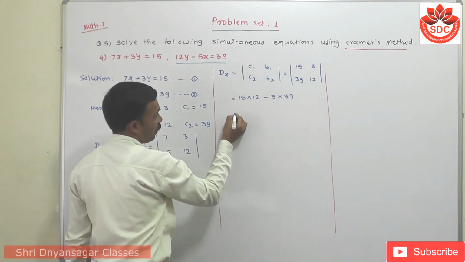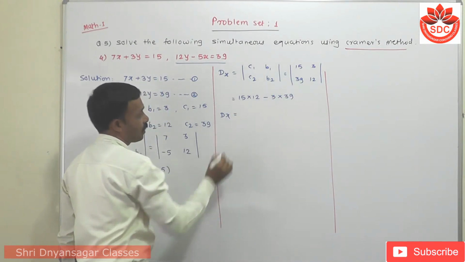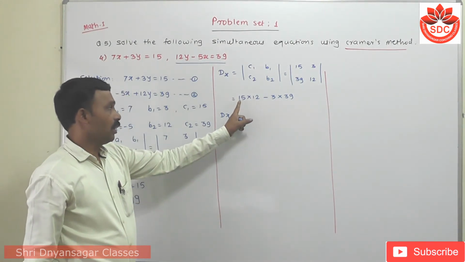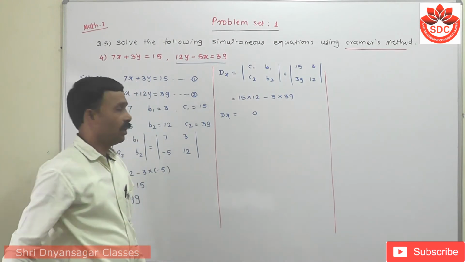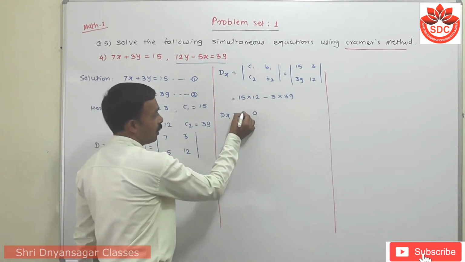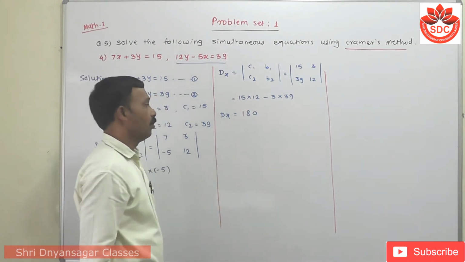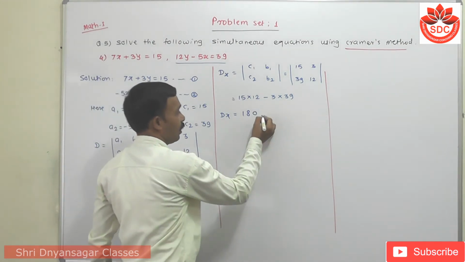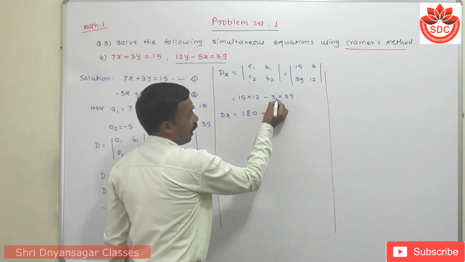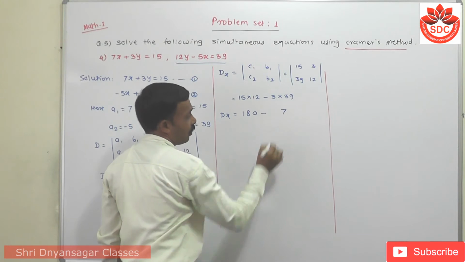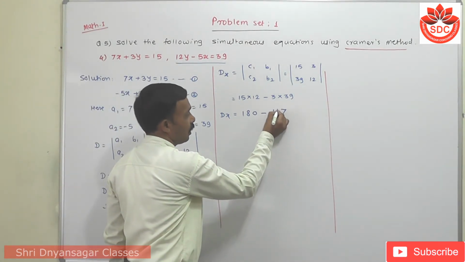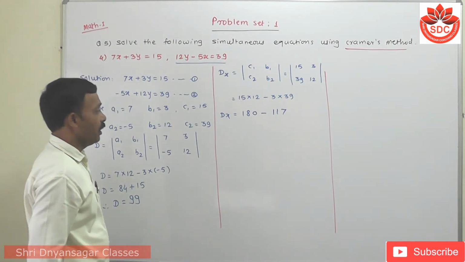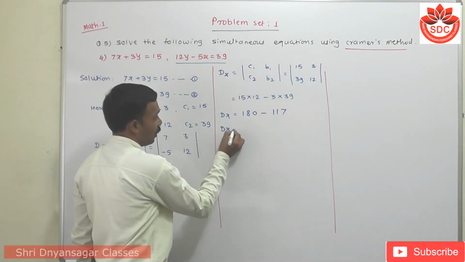Okay, 15 into 12 is 180. Then here 39 into 3 is 117. Now then we have to subtract it.